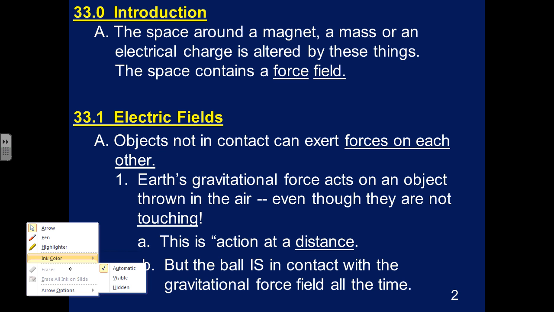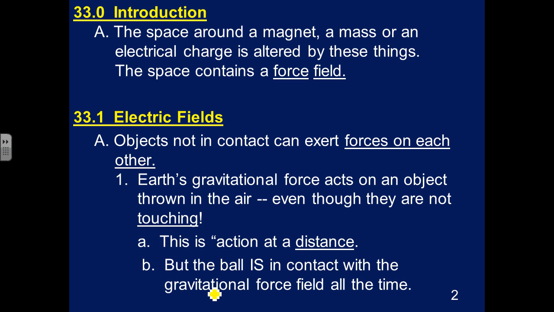But actually, what is touching is the ball is touching the force field. So if we think of this as the earth and this is the ball in the air, there's something here, invisible, that has an effect on the ball.